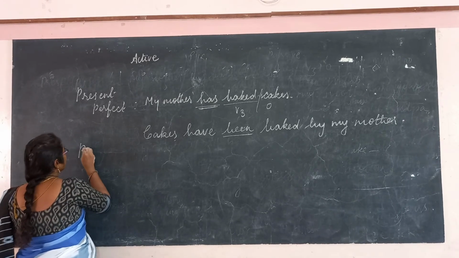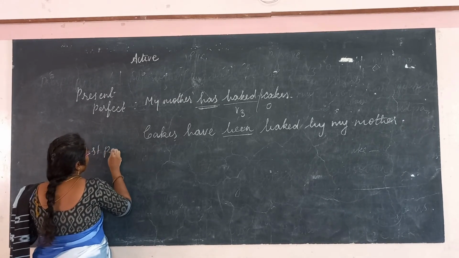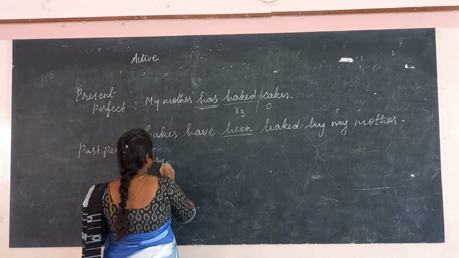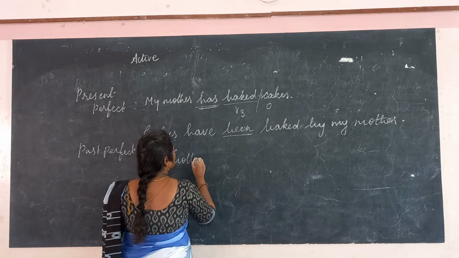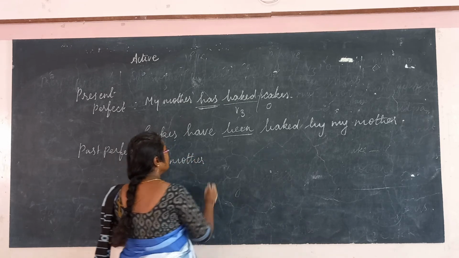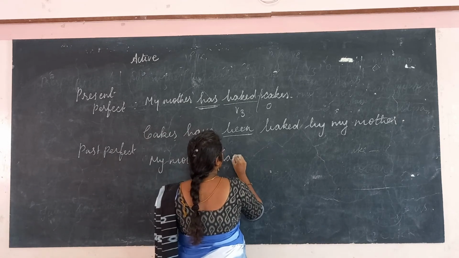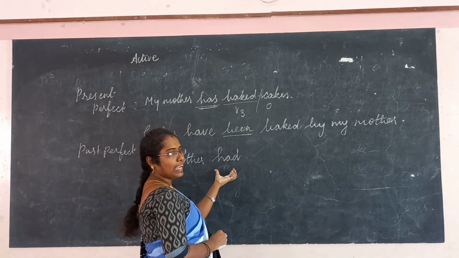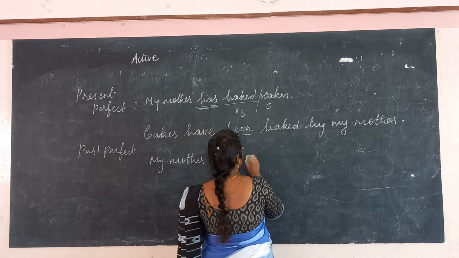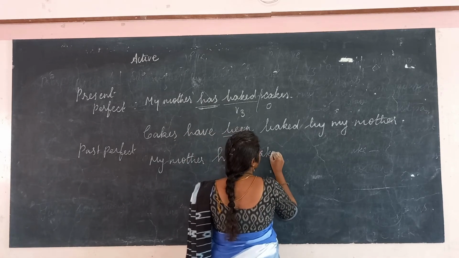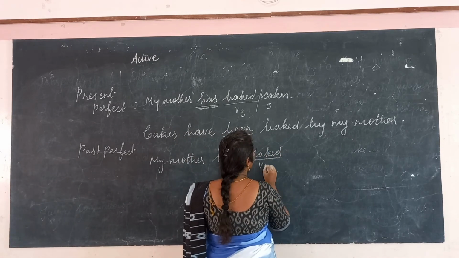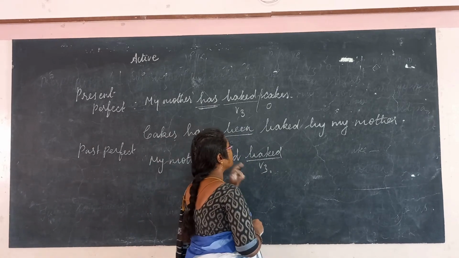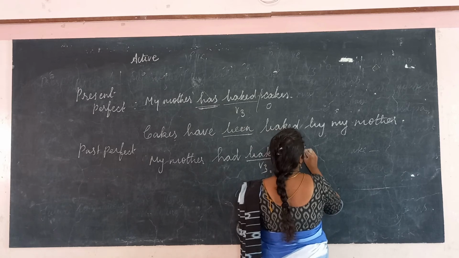Look at that, past perfect. Subject, my mother. Okay, had. Look at that, because this is the past tense, past perfect, so the verb should be had. Had plus V3, baked. So this is V3. In perfect tense you have to use the verb in the V3 form. So had baked cakes.